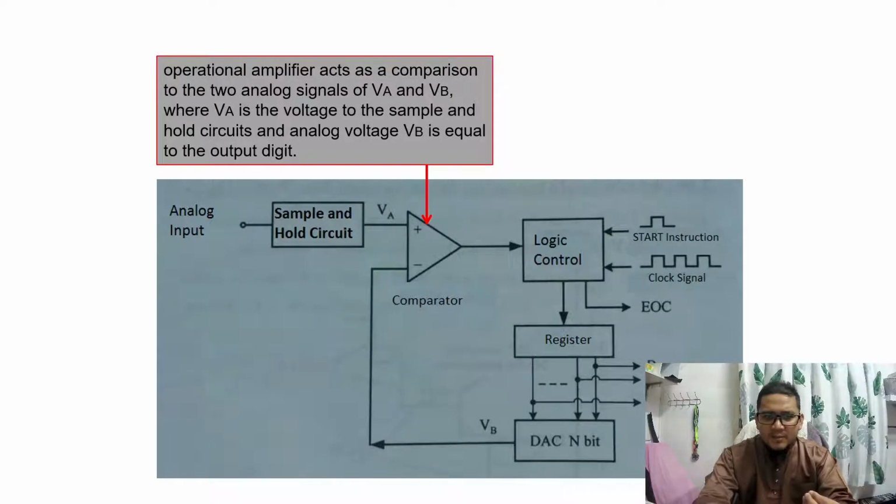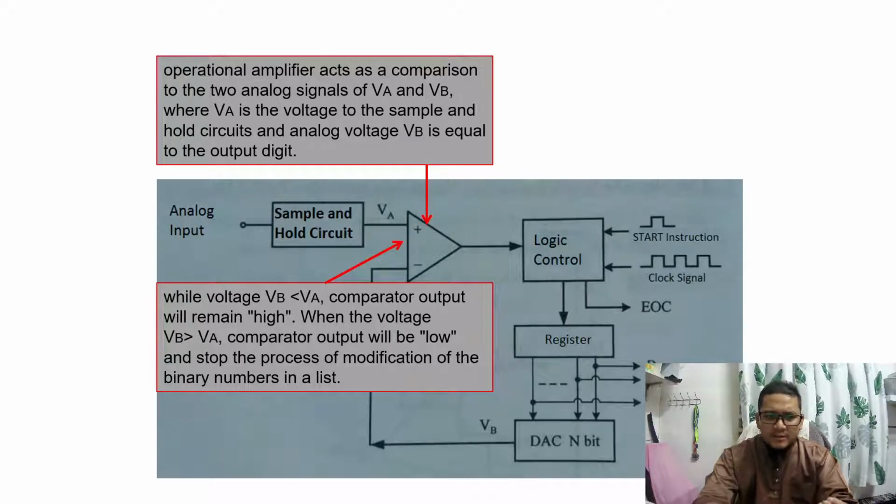And the operational amplifier acts as a comparator, kita akan compare VA and VB. Okay, and then VA is the voltage from the sample and hold circuit, and analog voltage VB is equal to the digital output. Okay, while VB is less than VA, the comparator output akan remain high. So bila mana VB is greater than VA, the comparator output will show low and stop the process of modification of the binary number in the list.